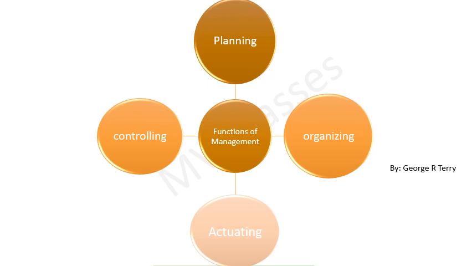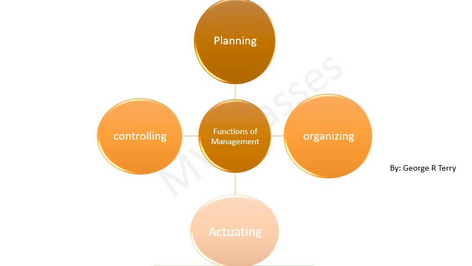that is laid down in the organizational objective. One of the authors, Louis Allen, defines it as the process of identifying and grouping the work to be performed, defining and delegating responsibility and authority, and establishing relationships for the purpose of enabling people to work most effectively together in accomplishing objectives. So in organizing, you have to identify the work to be performed.